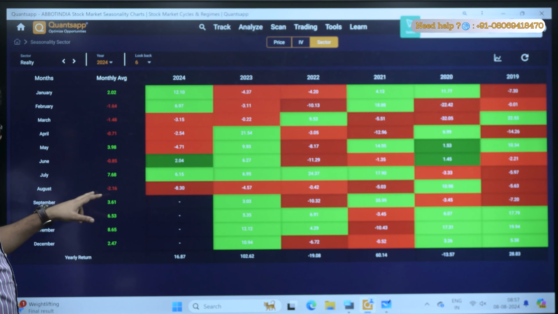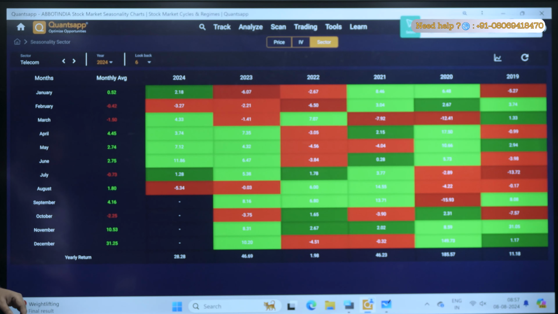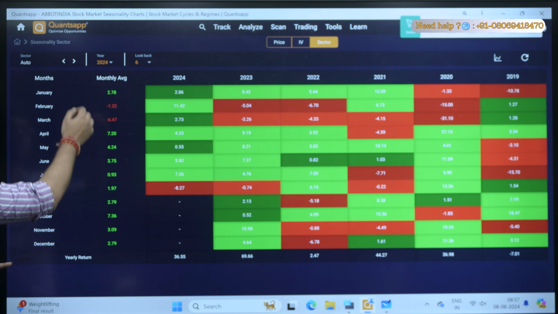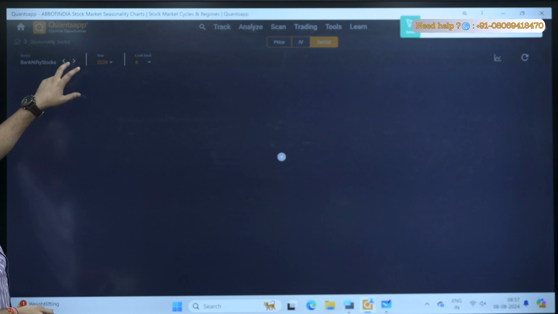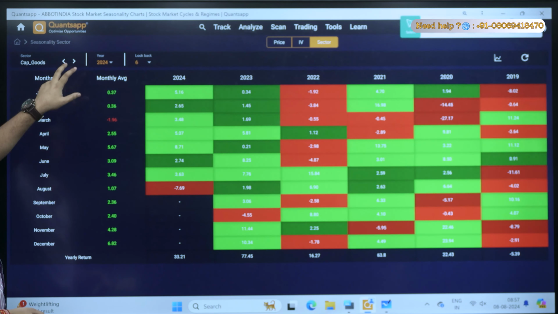So here August reality is not good. Go for the telecom, telecom is also not good. Auto sector is also not good. So apart from pharma, no sector is giving me return right now. Bank nifty stocks, obviously bank nifty finance stocks, I can go with that.